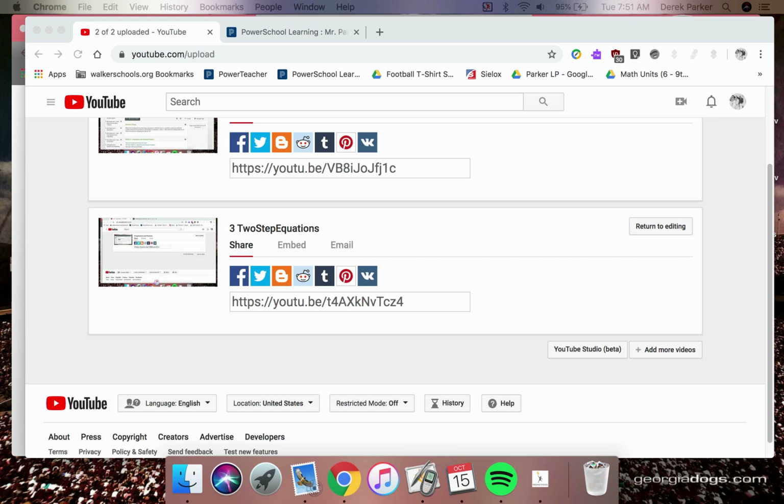The inequality symbol only flips if the sign changes from positive to negative or negative to positive using multiplication or division. Let me do another one of those. Negative 2x minus 2 is less than negative 12.